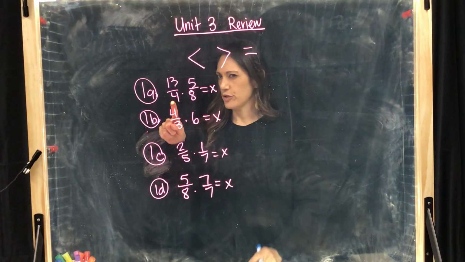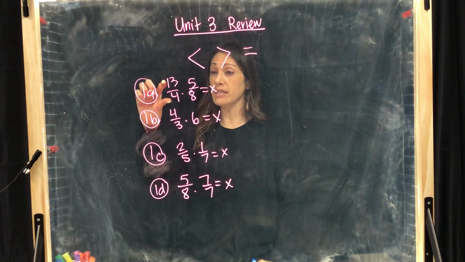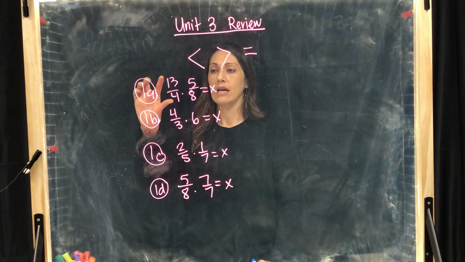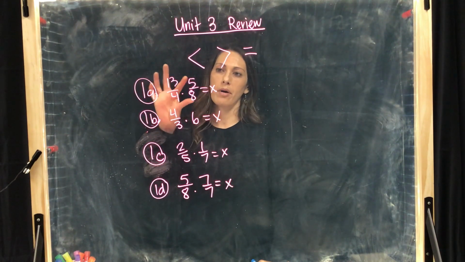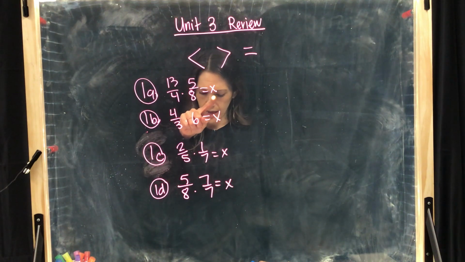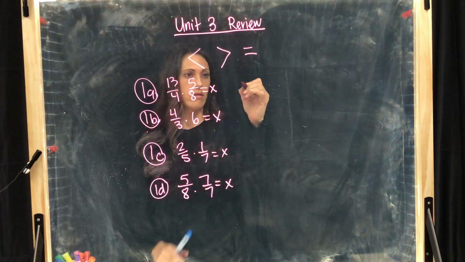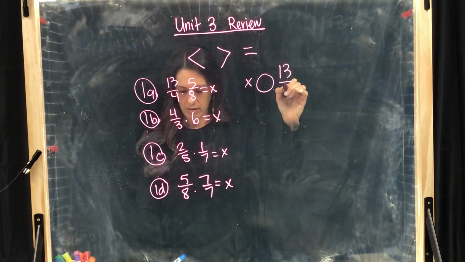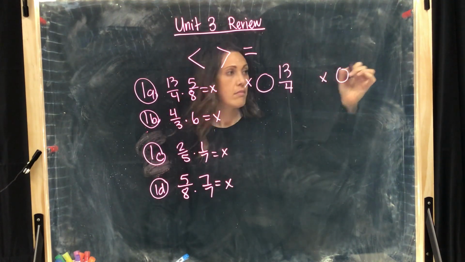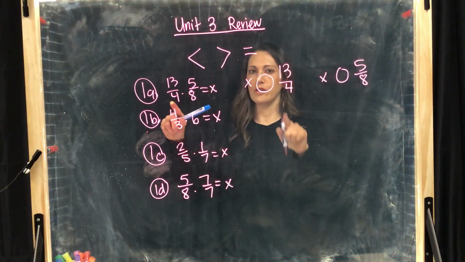I'm looking at this first term, and I see that this is an improper fraction, so this is greater than a whole number, okay? So I'm taking a whole number and multiplying it by a fraction. Will my answer, x, be greater than or less than these terms? Okay, so the first one.